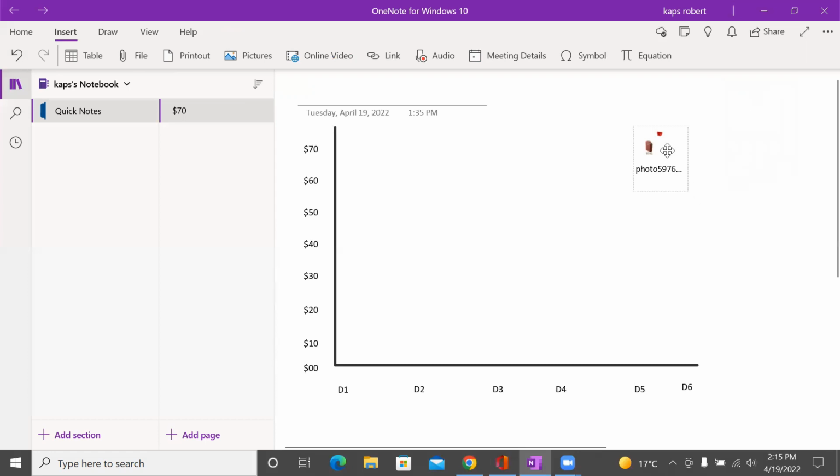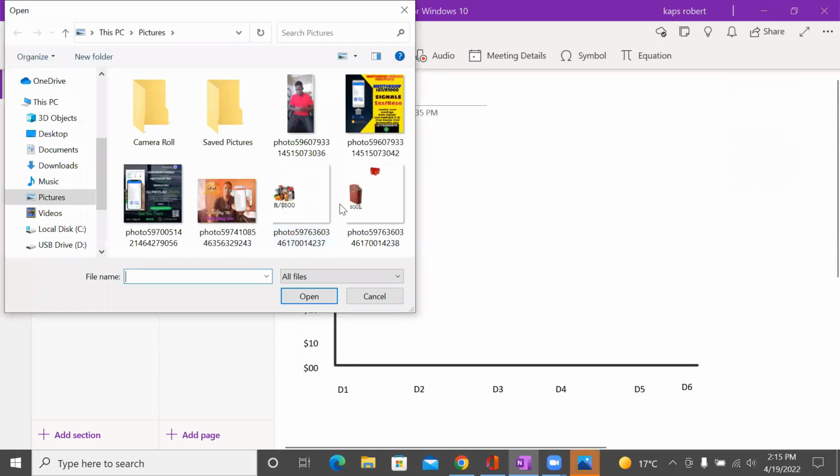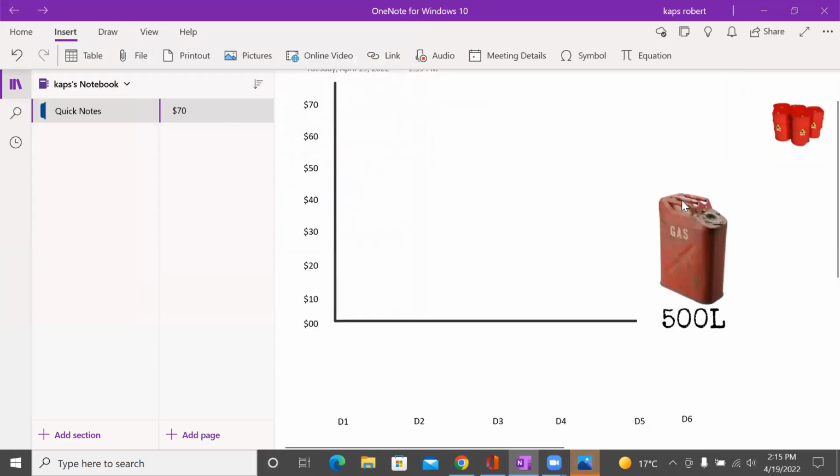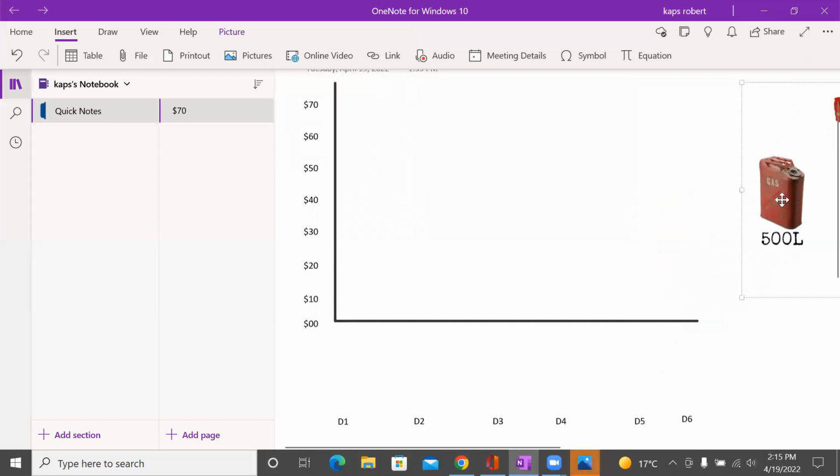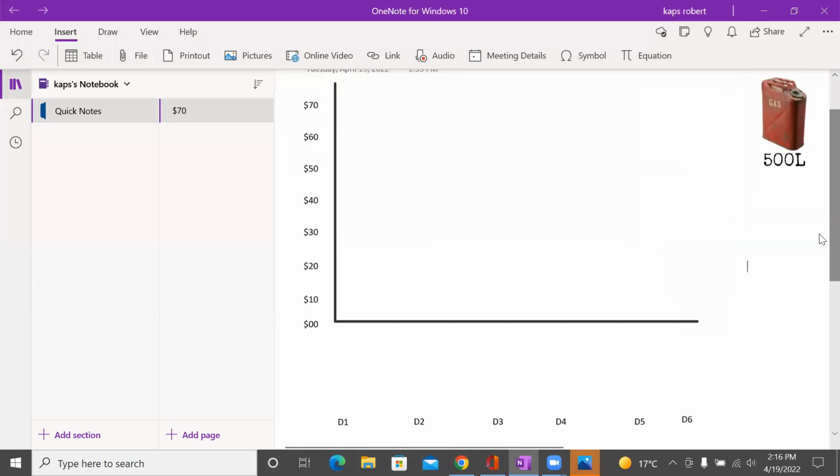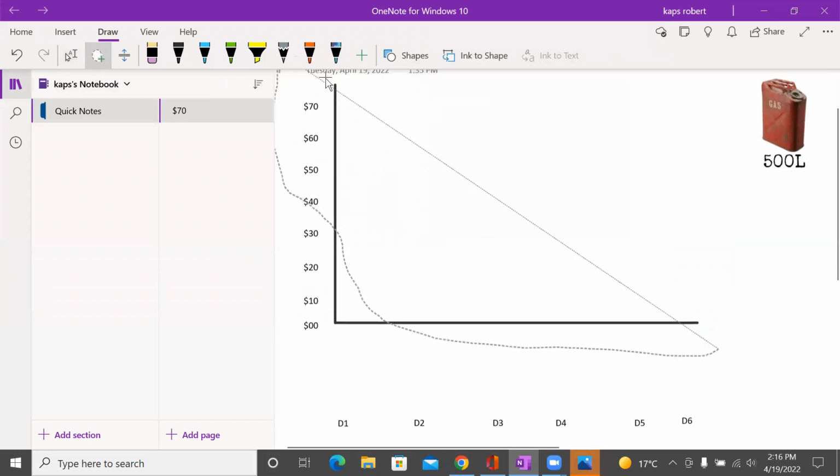Other one with what? It's like this. Okay. So this is it. Here we are talking about the petrol, a petrol tank of 500 liters. But now I'm not going to say it's a petrol tank of 500 liters. Understand? So this graph is from where I was. I'm not used to using these office things.